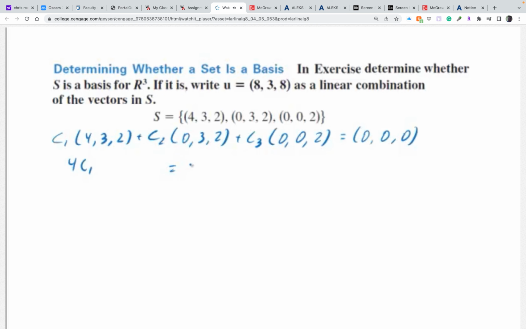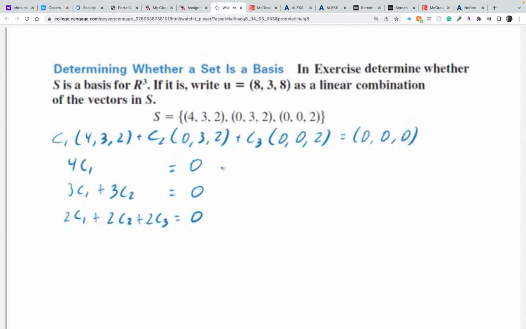4C1 is equal to 0. 3C1 plus 3C2 is equal to 0. 2C1 plus 2C2 plus 2C3 is equal to 0.